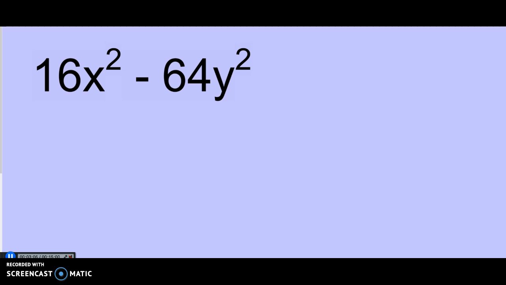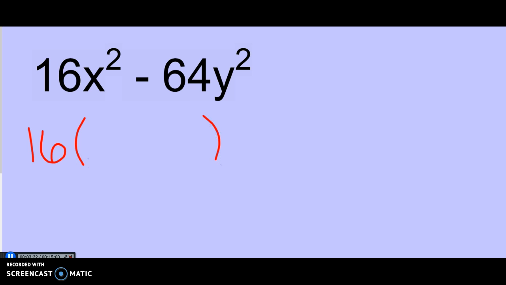You can factor this without taking out a common factor first, but it's probably easier if you take out the common factor. So let's see. 16 goes into 16 once. 16 goes into 64 4 times. So let's take out a 16, and then let's go and factor.